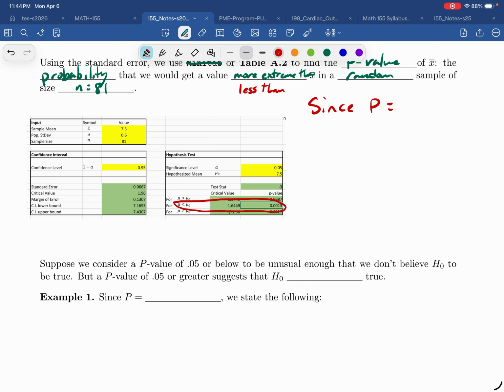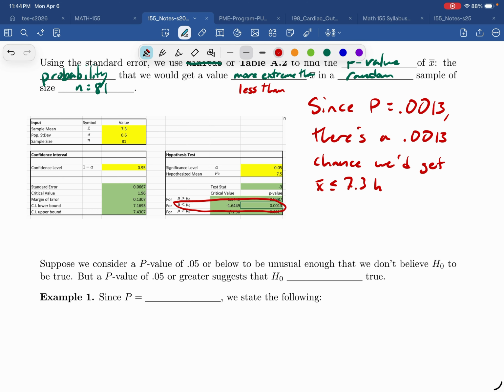Since P equals 0.0013, what this means is that there's a 0.0013 chance we'd get X bar less than or equal to 7.3 hours in a random 81 laptop sample, assuming mu equals 7.5 hours.